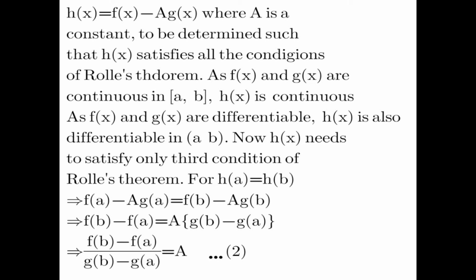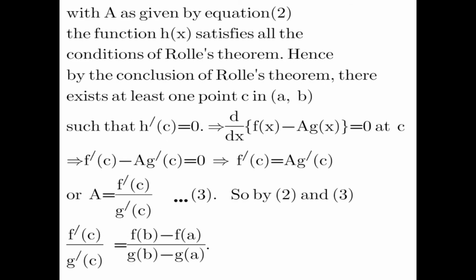Let us call this equation 2. Now with this A value, h(x) satisfies all three conditions of Rolle's theorem. That is, h(x) is continuous in the closed interval [a,b], differentiable in the open interval (a,b), and h(a) is equal to h(b).